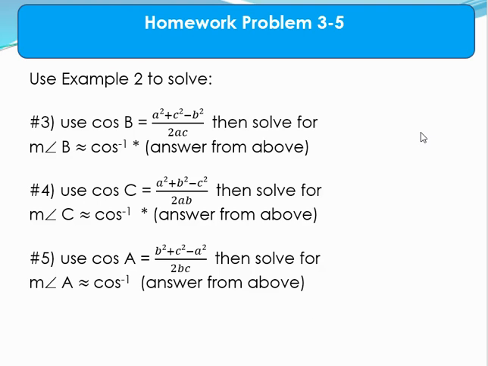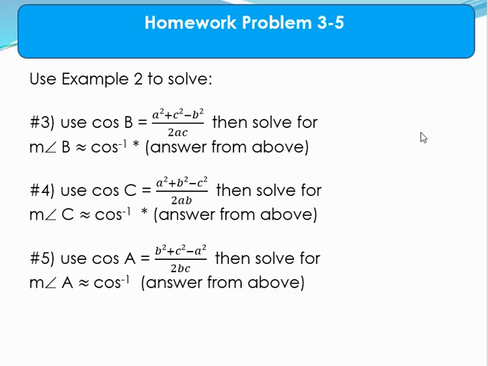Numbers 3 through 5, we're going to do some problems like example 2 to solve. So you'll use cosine B for number 3, and this is the equation you'll use: a squared plus c squared minus b squared divided by 2ac. Once you have that answer, then you'll solve the measure of angle B by multiplying the answer from the first step by cosine -1.